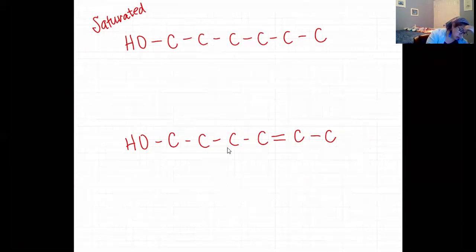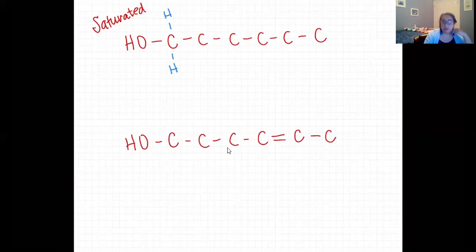Since this one already has a bond here and a bond here, it's got space for 2 more hydrogens. So I'm going to add them, 1, 2. And I'm going to do the same thing for the next one, 1, 2. Same thing.